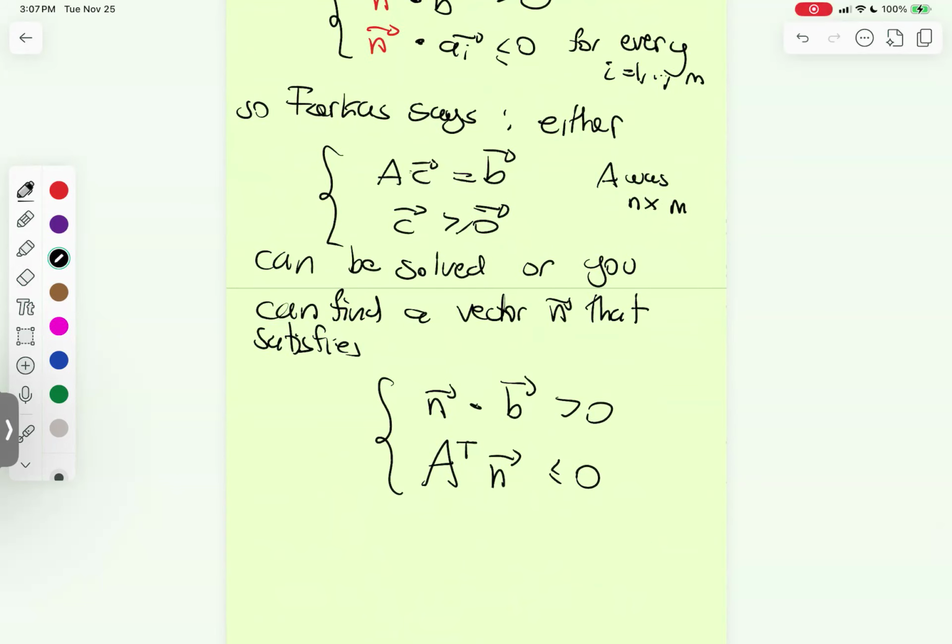A transpose would be m by n, so the vector n was supposed to have n entries because all the vectors are in R^n. That's fine. Oh, good catch. Which means that every entry is less than or equal to.